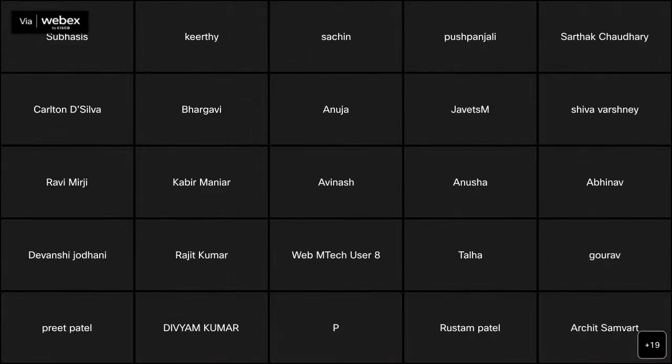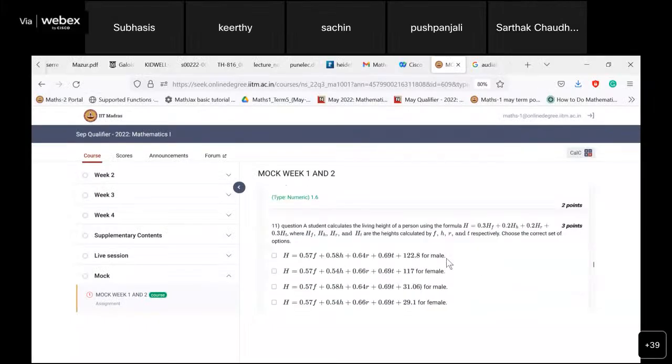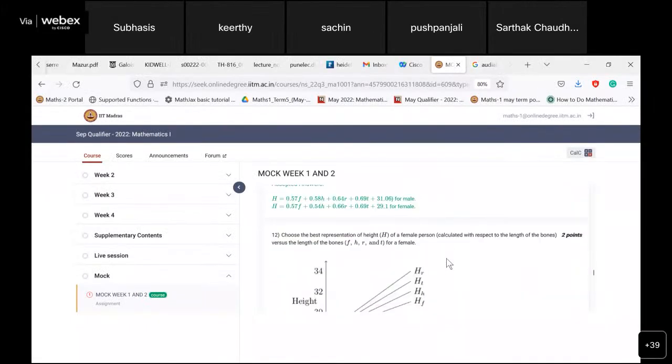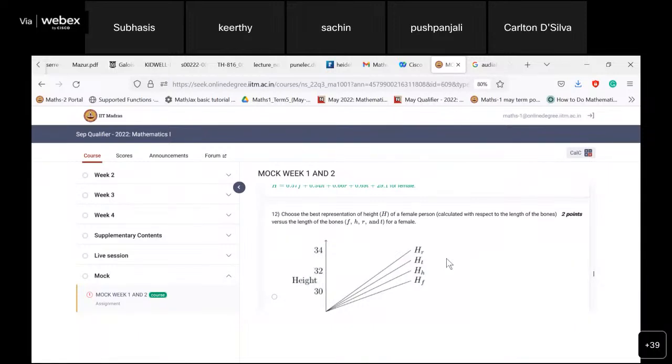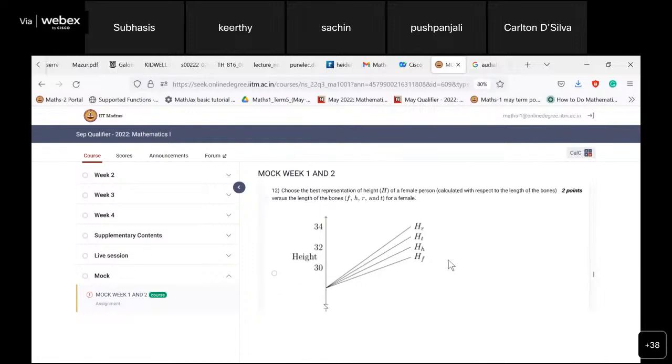So probably I have to share the portal. This is: choose the base representation of the height of a female person, right?